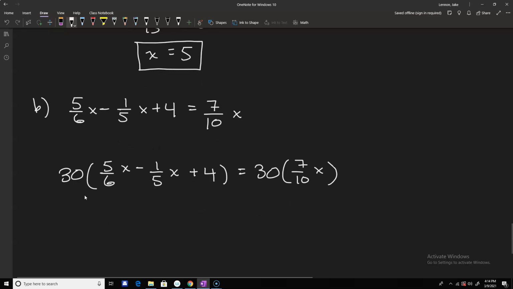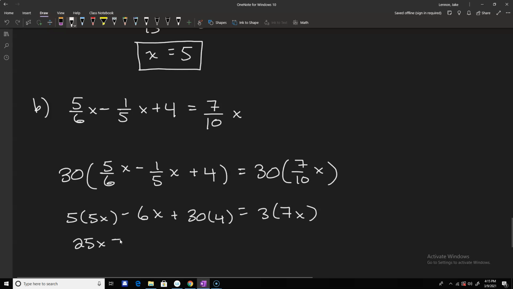So we distribute on the left, 30 divided by 6 is 5, so we have 5 times 5x. Then we have 30 divided by 5, that leaves us a 6x in the middle, and then at the end we just have 30 times 4. On the right-hand side, 30 divided by 10 is 3, so we just have 3 times 7x. And then we can go from here. So we have 25x minus 6x plus 120 equals 21x.